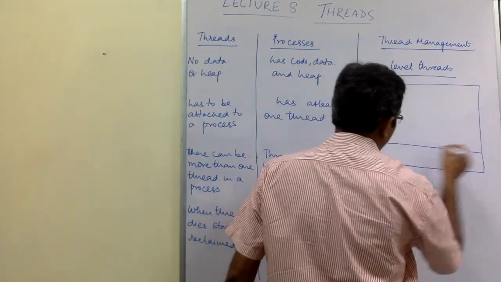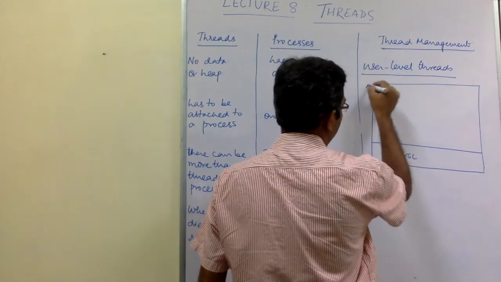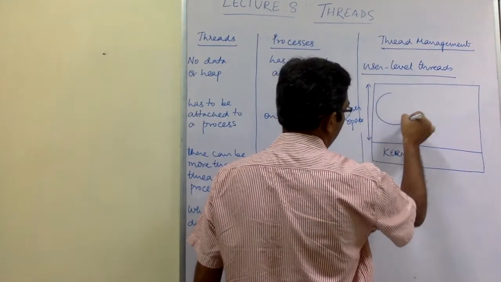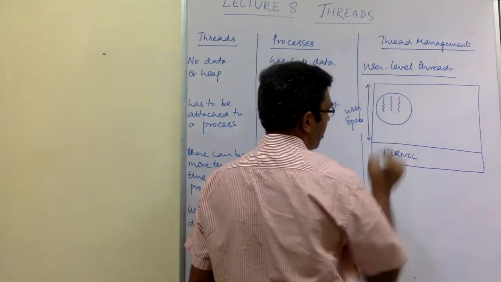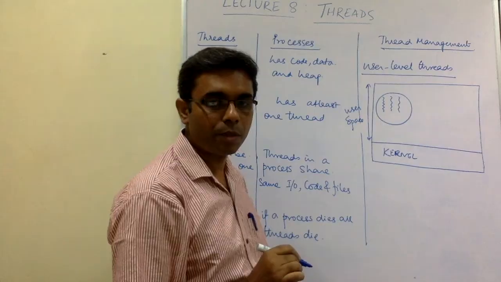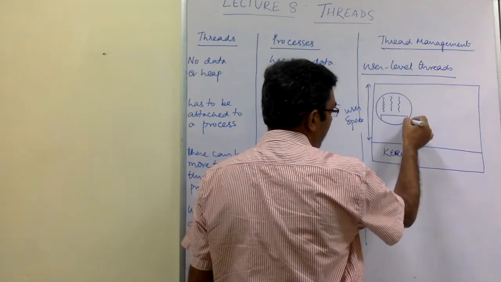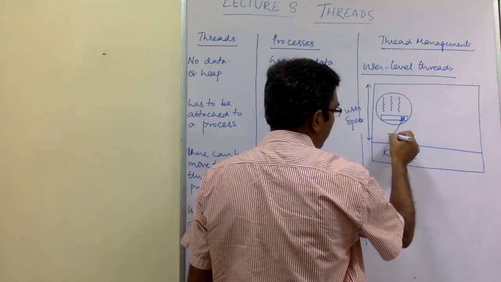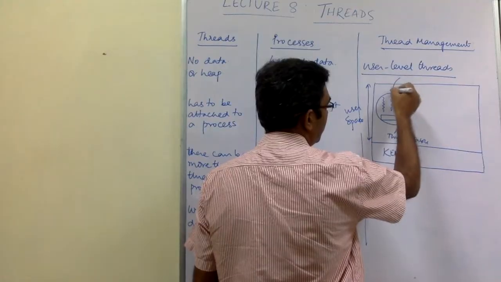So this is, say, the kernel, and here we have the user space, and we have a certain process that has made use of certain user-defined libraries, say a pthread library, and it has created a number of threads. The kernel is completely unaware of this. Obviously, the information about the threads is not maintained in the kernel. Rather, the thread control block, the TCB, or the thread table, you can say, is maintained in the process itself.